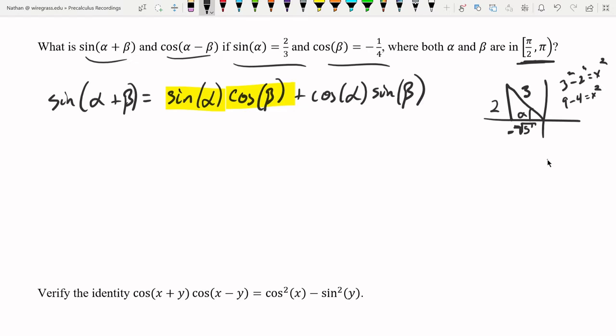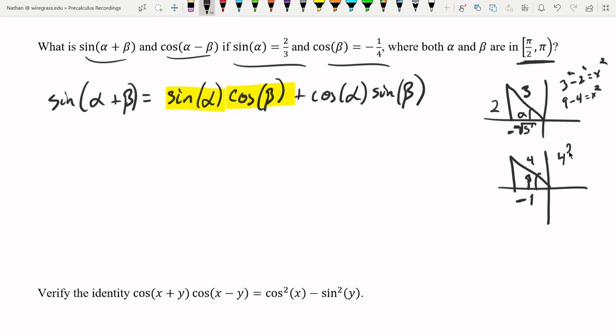Likewise for beta, beta is also in this second quadrant, so this is going to be beta. It says cosine is negative 1 over 4. We know that cosine is negative here, so I'm going to make this adjacent over hypotenuse, negative 1 over 4 for the hypotenuse.